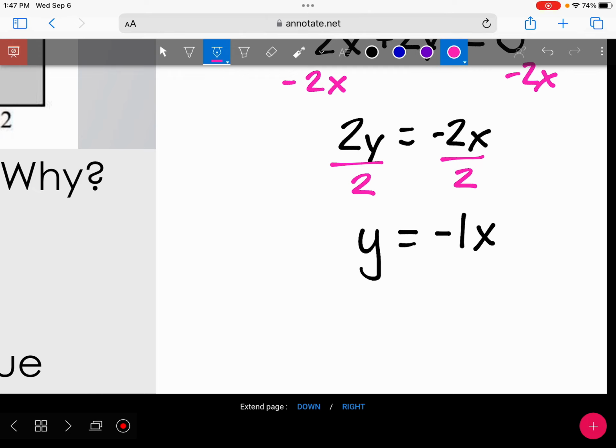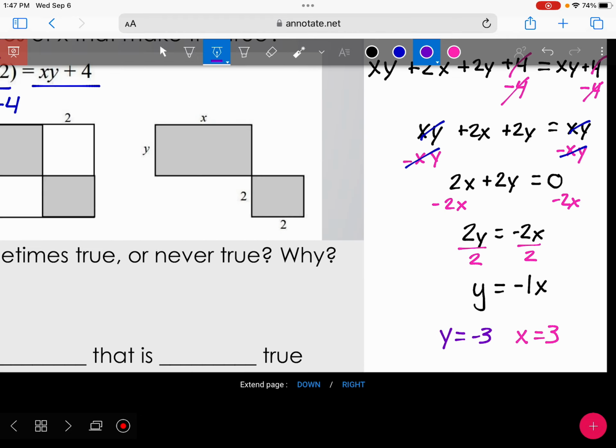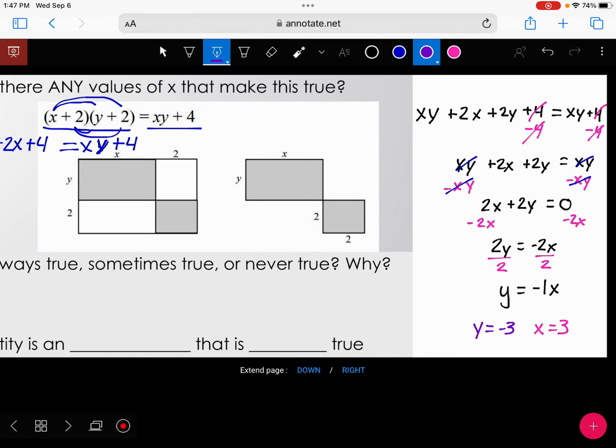So if y equals the opposite of x, maybe x is 3, what would y equal? Negative 3. If x is 3 and y is negative 3, wouldn't that work? Because they cancel out. If x is 2, y is negative 2.